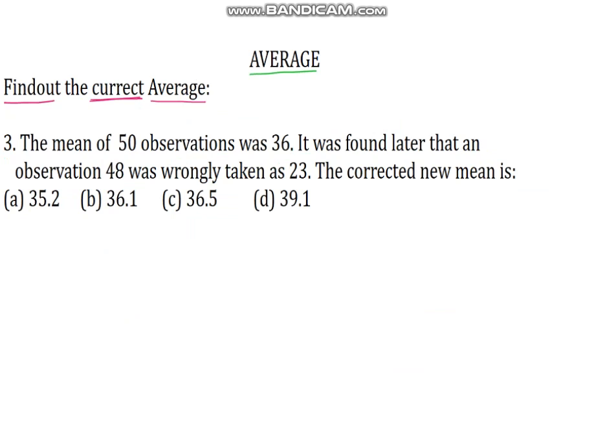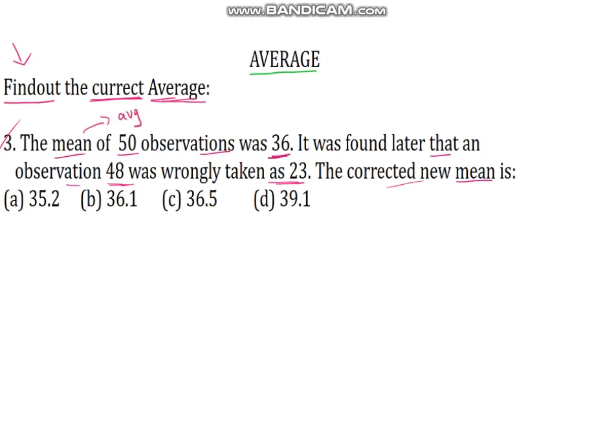Coming to the next model. This is the model to find the correct average. The given question is: the mean of 50 observations was 36. It was found later that an observation 48 was wrongly taken as 23. The correct new mean is, here mean means average.